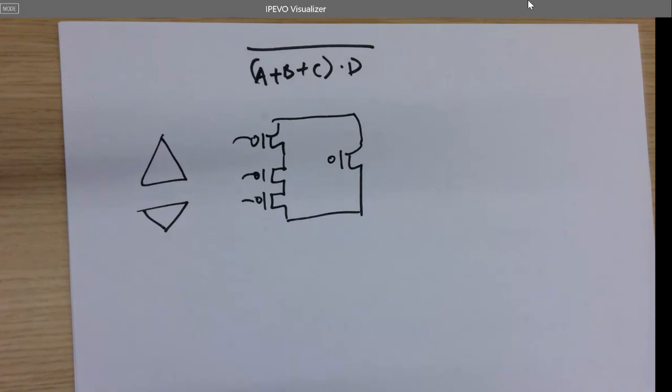So if you were just drawing A or B or C with a PMOS, it would just be the 3 in series. Yes. But A or B or C, that's why I'm getting confused on this.